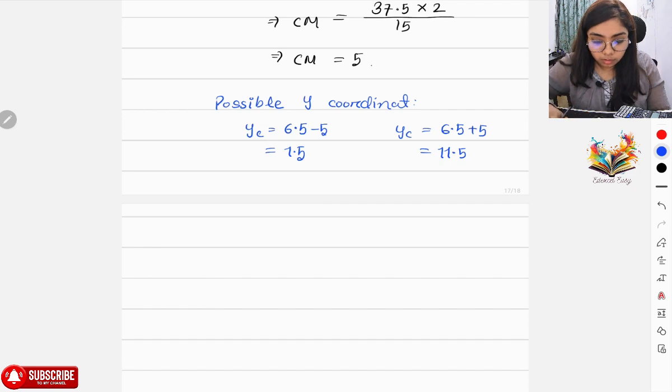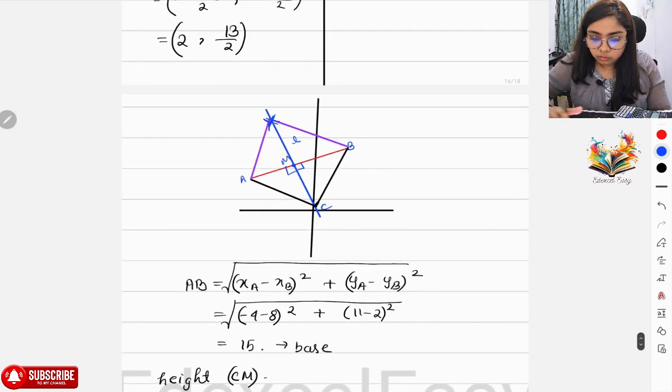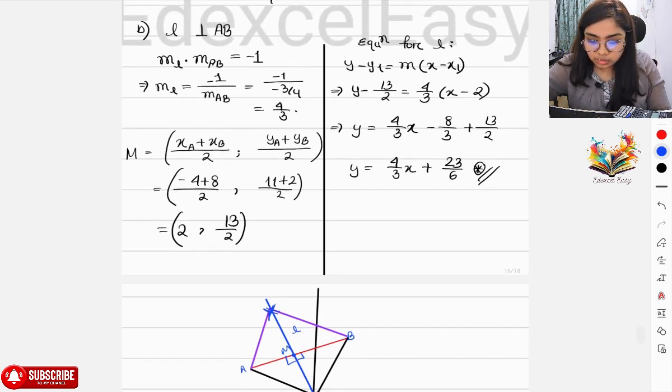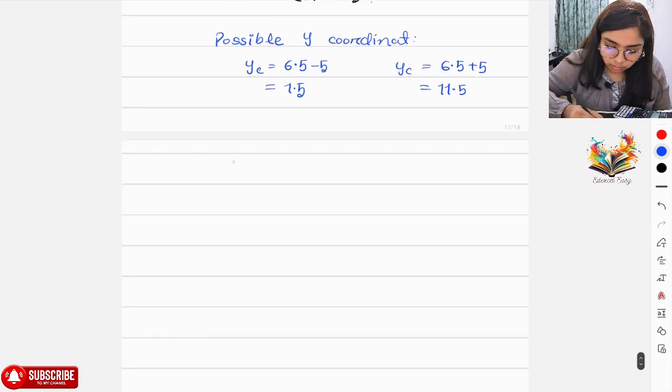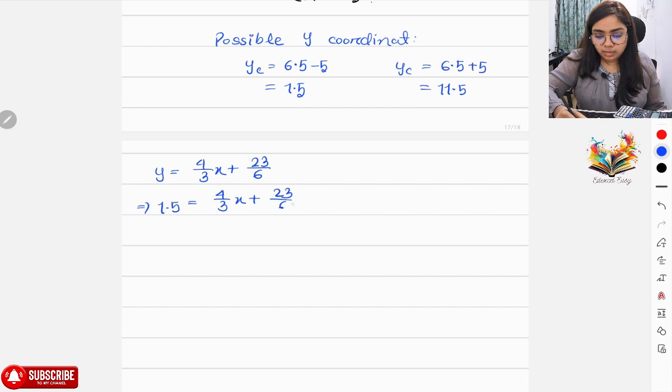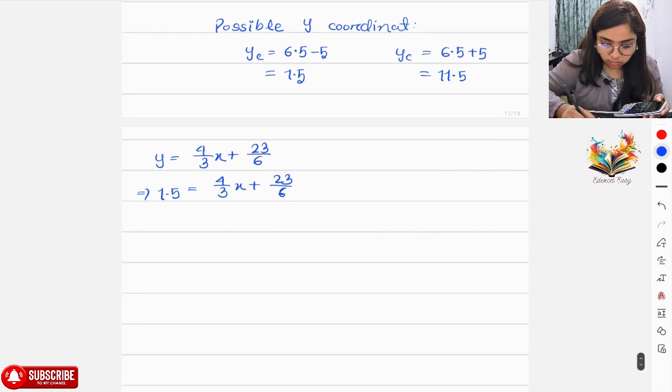Now already I know that C was a point on line L, so I can just use this coordinate and input it in the equation of my line L to get the possible x coordinate. The line L is y equals 4 by 3x plus 23 by 6. In that case, now you have 1.5 equals 4 by 3x plus 23 by 6. If you make x the subject of this equation, it will be 1.5 minus 23 by 6, and this entire thing divided by 4 by 3. This should give you minus 7 by 4.